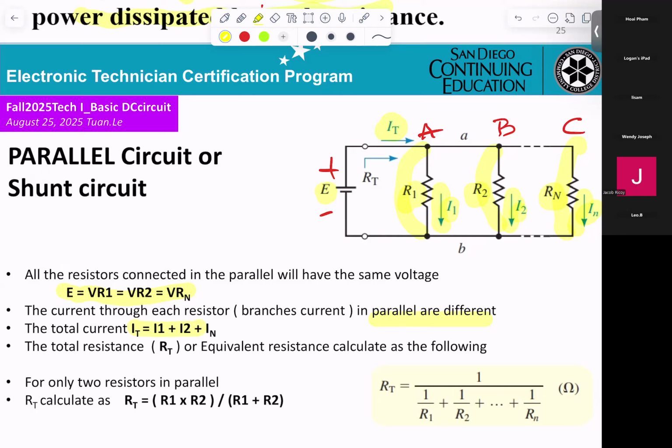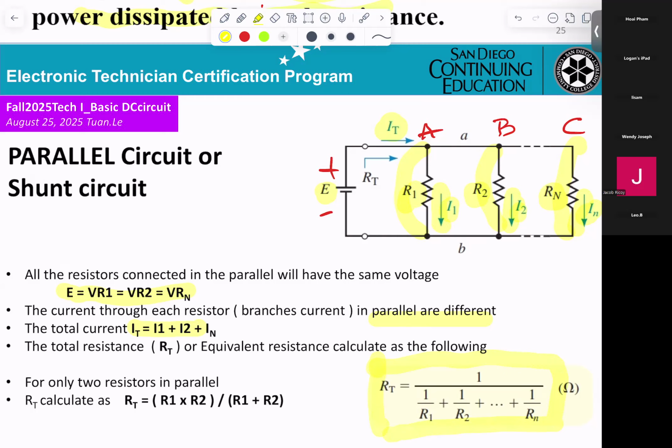Total resistance, or equivalent resistance: you use this formula to substitute R1, R2, R3 by only one. R total equals 1 over R1 plus 1 over R2 plus 1 over R3.